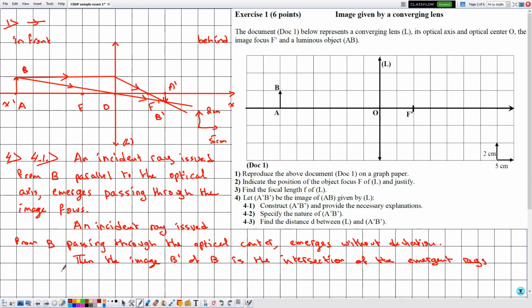And A prime is the foot perpendicular of B prime on the optical axis. Then this is it for part 4.1.